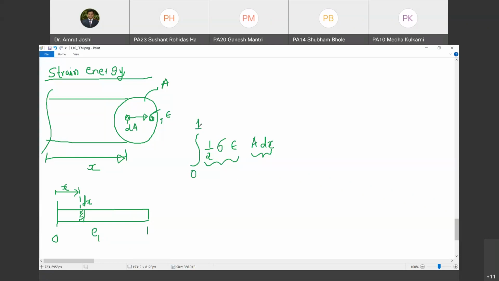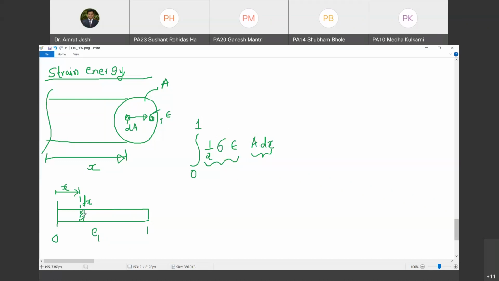Have you understood the expression for strain energy stored in first element? Please type your response in chat box. तो कैसे किया? Half stress into strain is the strain energy stored per unit volume. This stress and strain is constant over the area, so I can multiply it by A into dx, which is the volume of this small element.